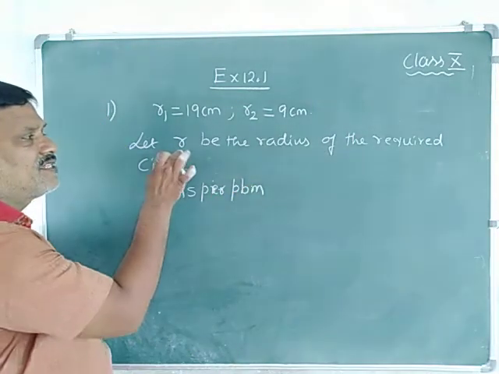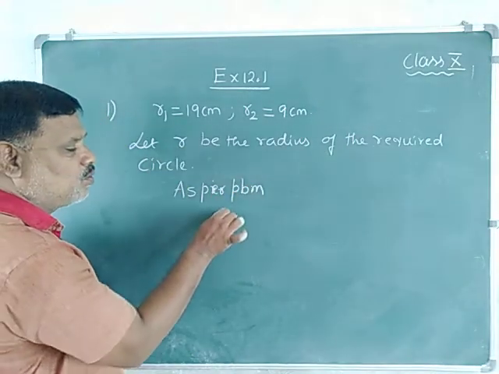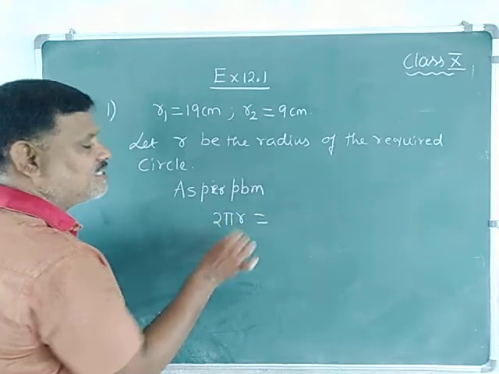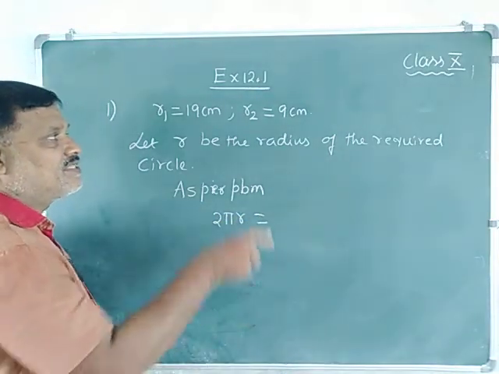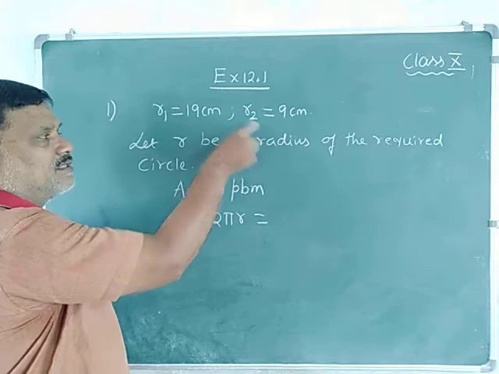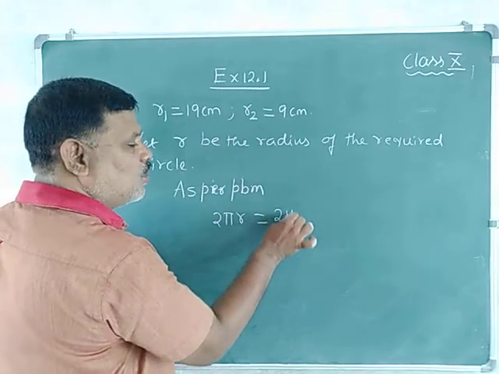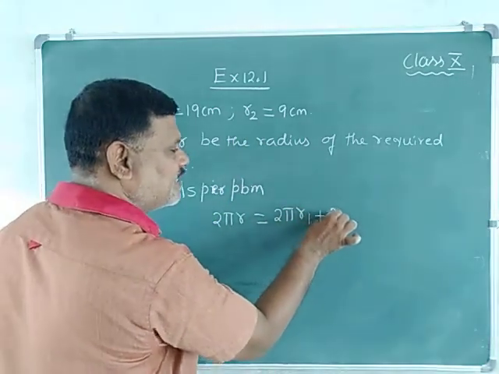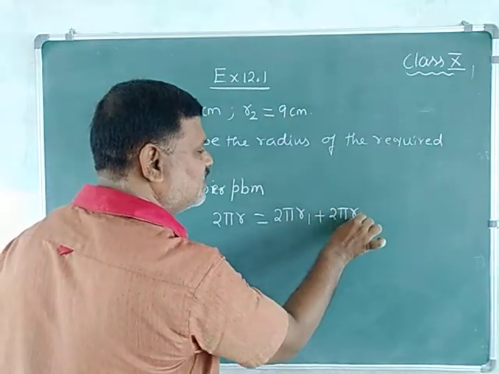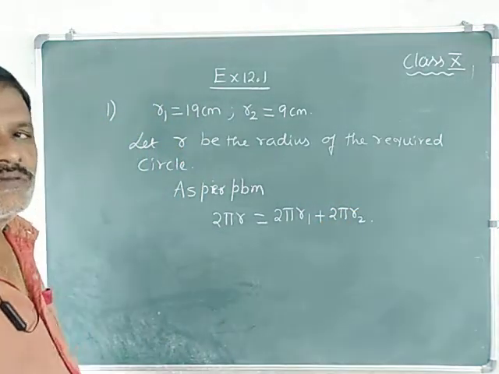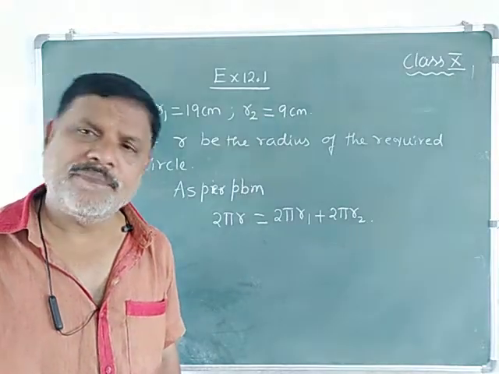The circumference of the circle with radius R is 2 pi r, and that is equal to 2 pi r1 plus 2 pi r2. Circumference is nothing but perimeter.